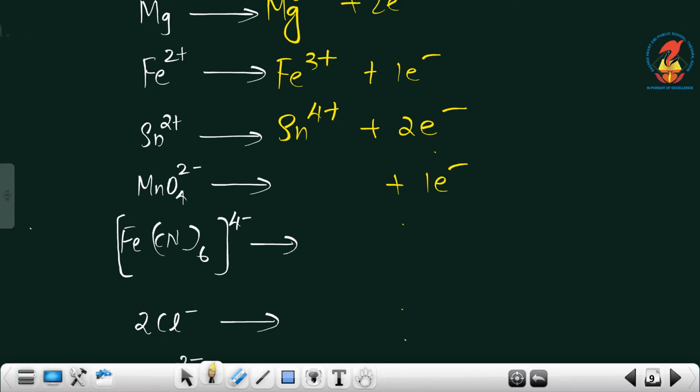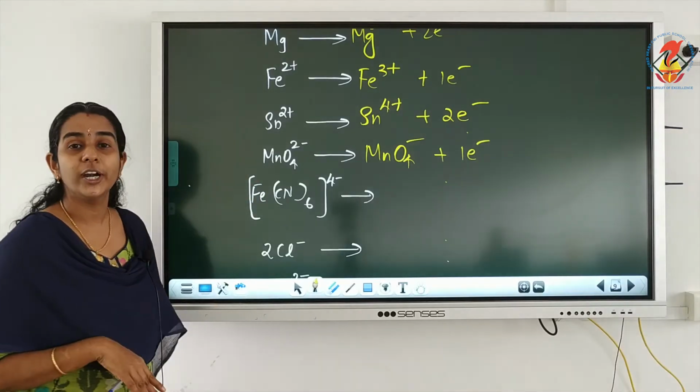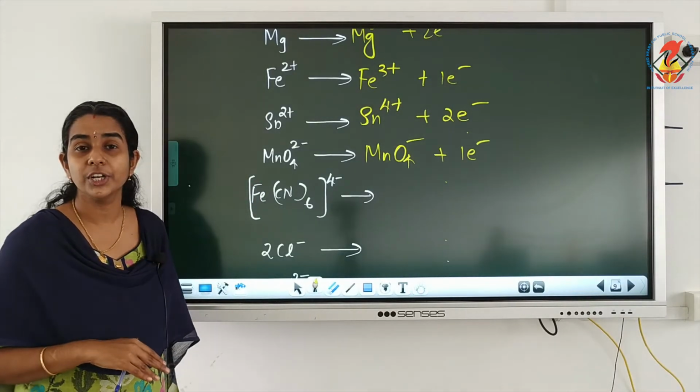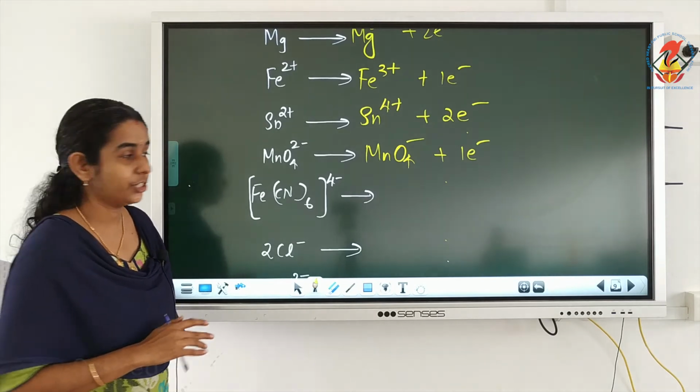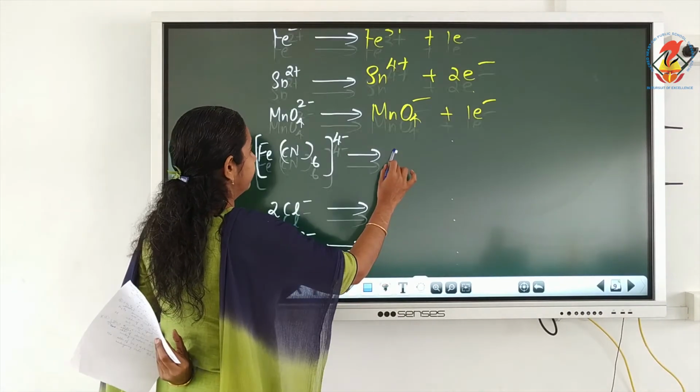From that, it is losing 1 electron or 1 negative charge. So, it will become MnO4-, single minus. That means 2- becomes 1-. Decrease in negative charge represents oxidation.